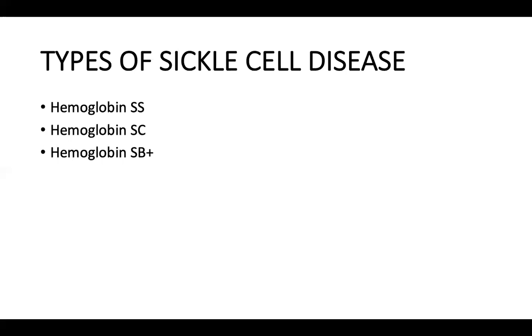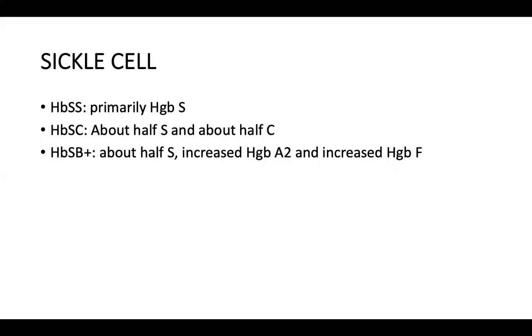And there is no way that you pick up sickle beta thal on a sickle dex, okay? And you don't pick up SC disease on a sickle dex either. So I've already told you about what you see on the hemoglobin electrophoresis.